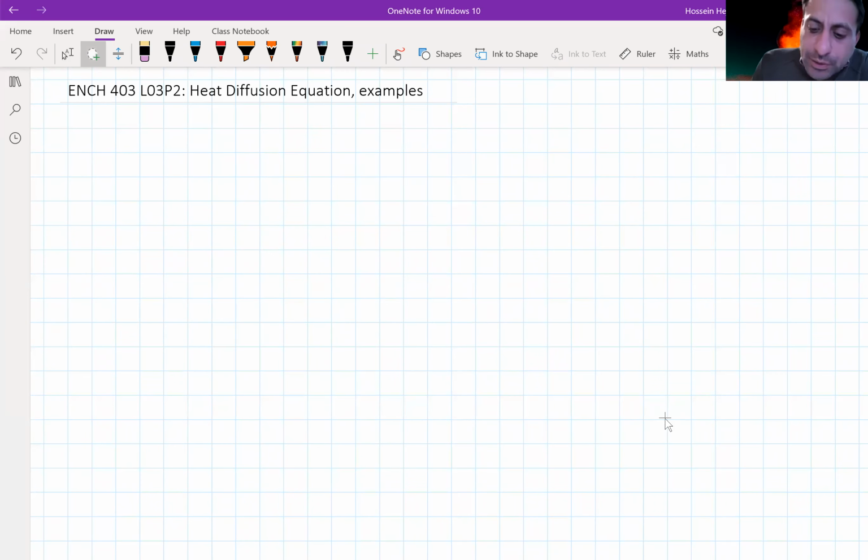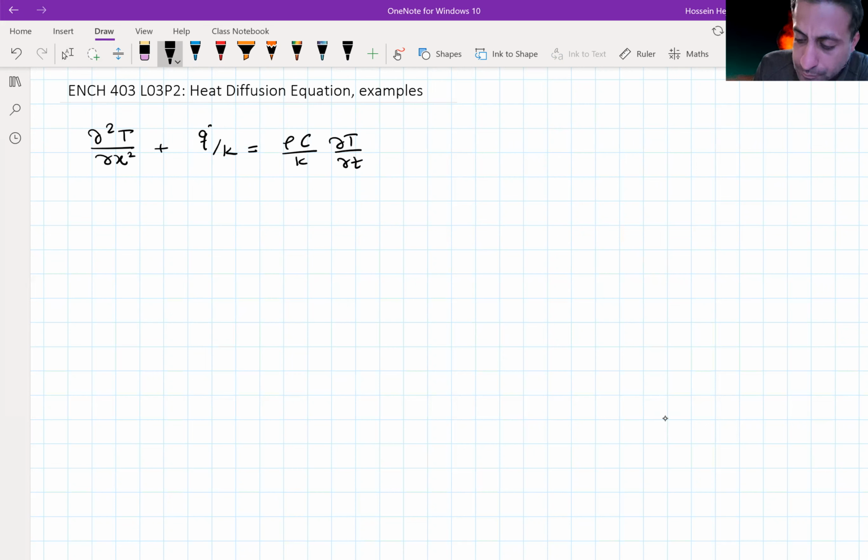A reminder about the heat diffusivity equation with constant K, of course in Cartesian geometry.